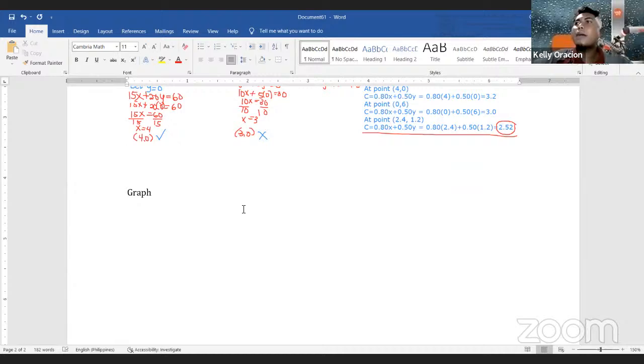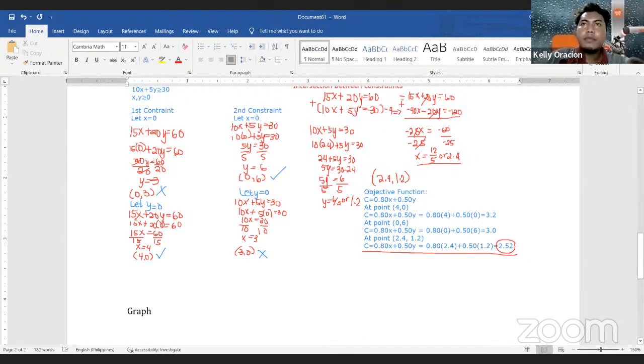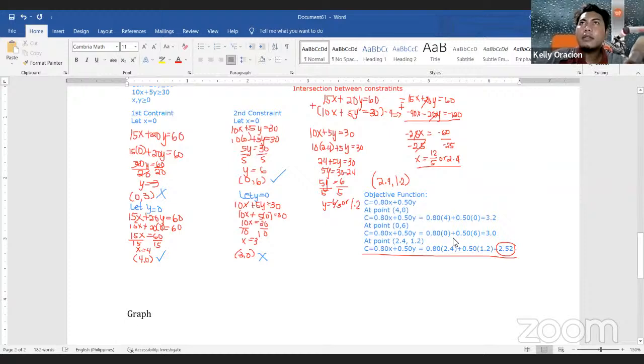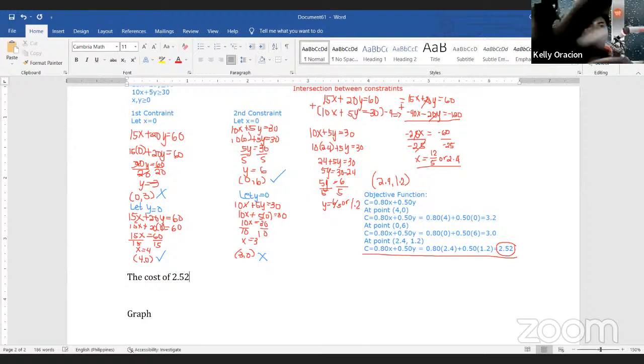So, we have here the problem. The cost 2.52 is the minimum.